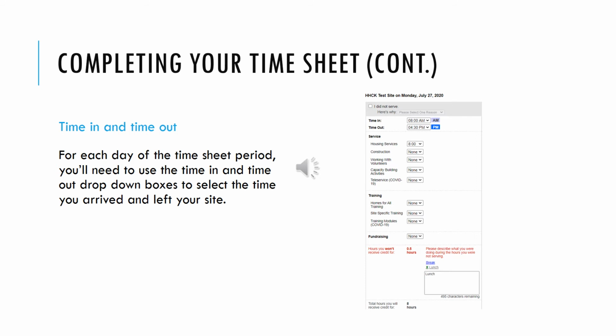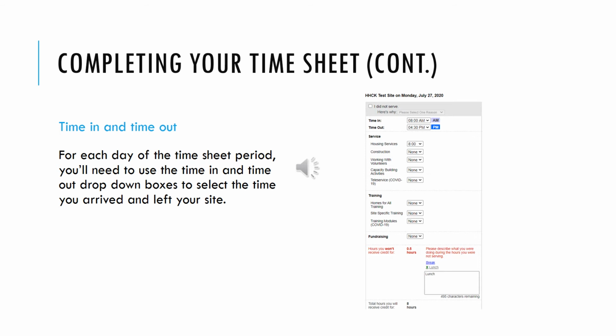Now, underneath the time in and time out, you see your different service categories. And in the next slide, we'll talk a little bit about that. The majority of your time is going to be either in housing services, because that's the type of AmeriCorps position you're in, a housing services AmeriCorps position, or you are a construction AmeriCorps position.